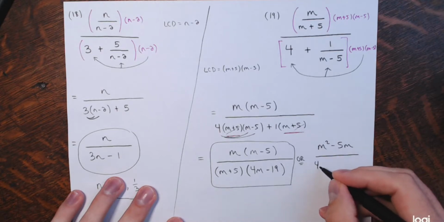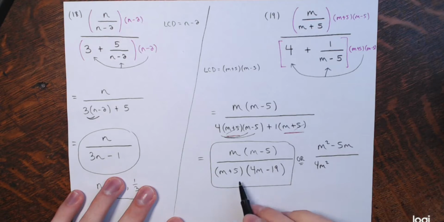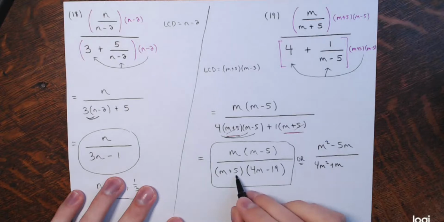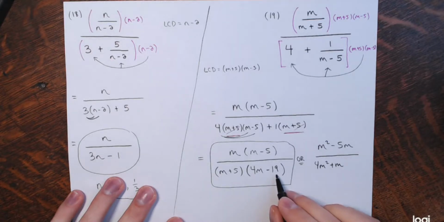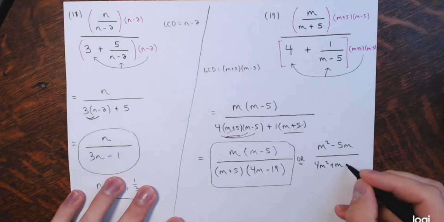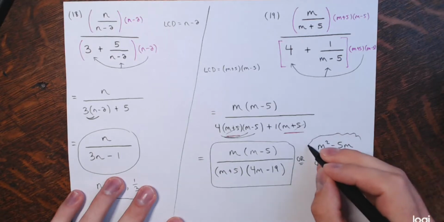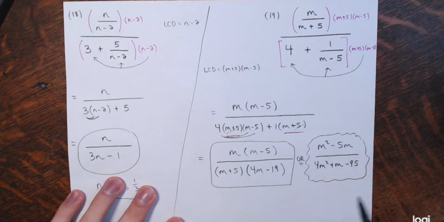That'd be 4m squared plus 20m minus 19m would be plus m, and then 5 times 19 is 95, but negative, so minus 95. This is also equally valid.